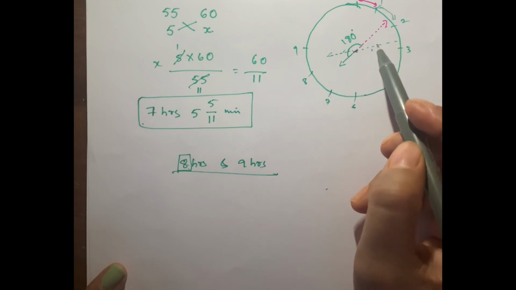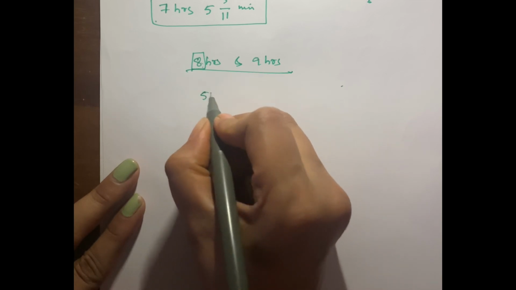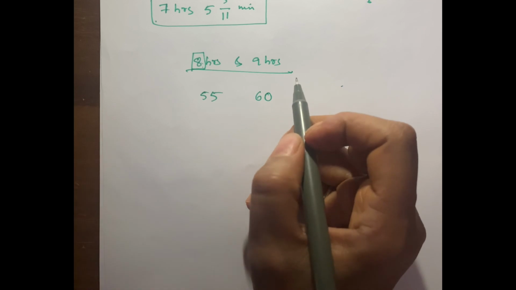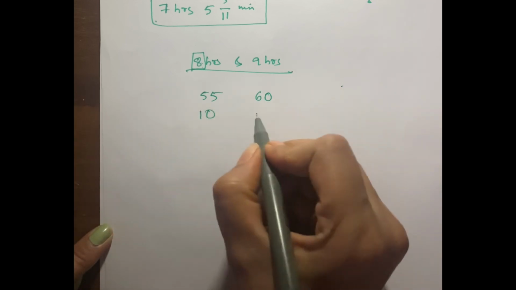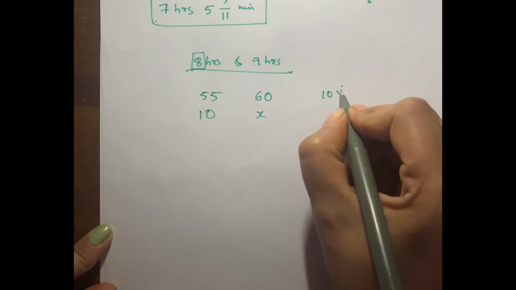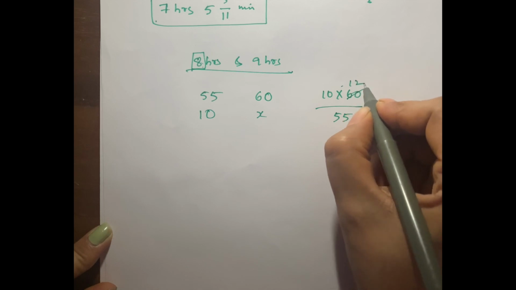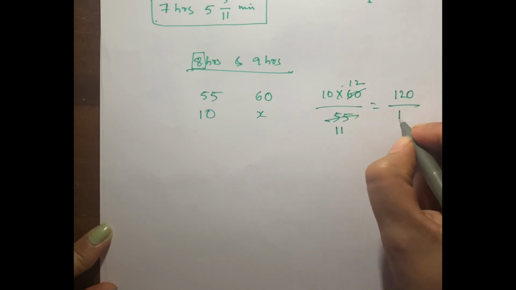So now what we are supposed to write is, since it is 8 hours and 9 hours, again 55 spaces are gained in 60 minutes. Since it is between 2 and 3, the minute hand will be between 2 and 3. 2 means it is 10 minutes. How many spaces? 10 into 60 upon 55. So it is 5 12s, 5 11s, so 120 by 11.